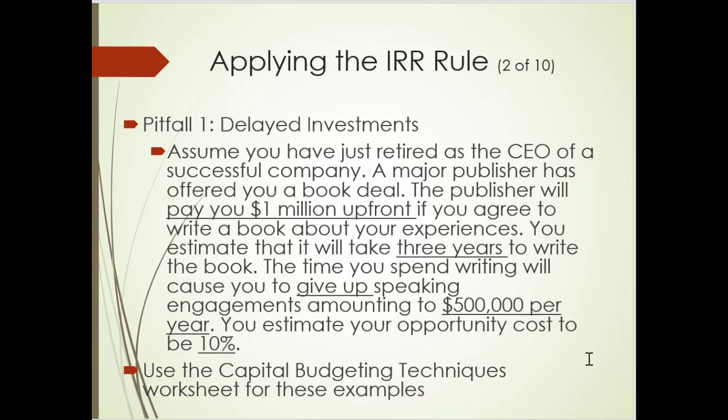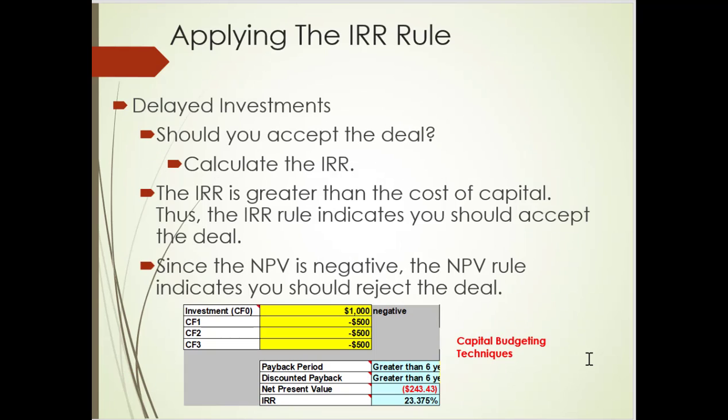But of course, while you're writing the book, you can't do any speaking engagements or things like that, so that's going to cost you roughly $500,000 a year. Your opportunity cost is 10%. We now want to calculate the net present value and internal rate of return for this particular pitfall, which is the delayed investment.